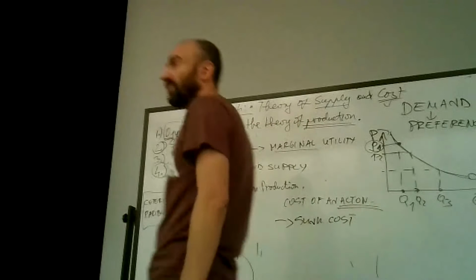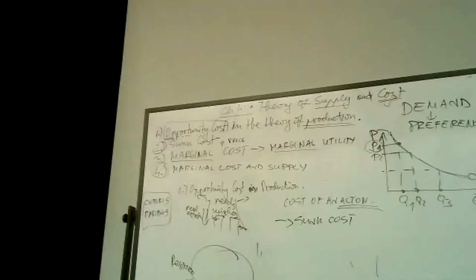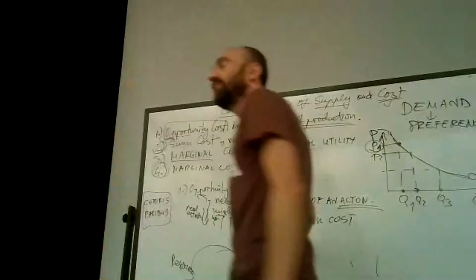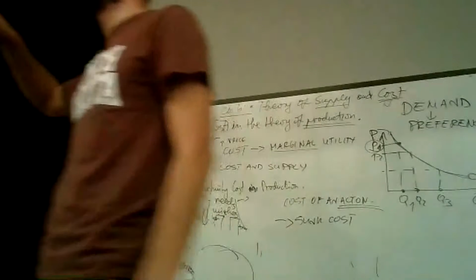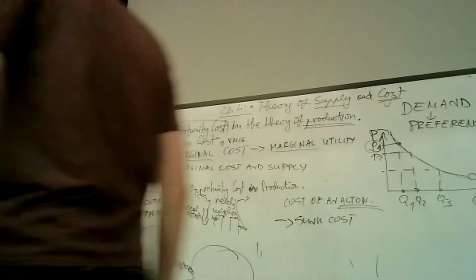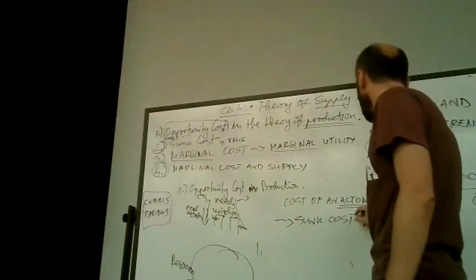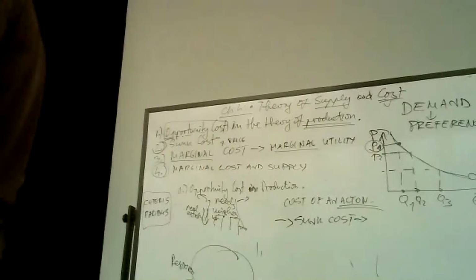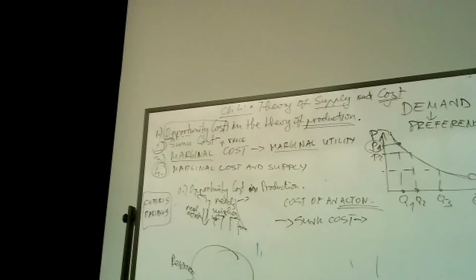It doesn't cost you anymore. You can destroy it now. It is costless. What has cost for you at this moment is an action that you might decide to undertake in the future. So sunk costs are costs of past actions, and they do not determine the value of present or future enjoyments.